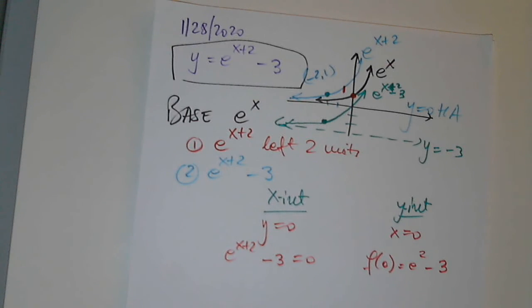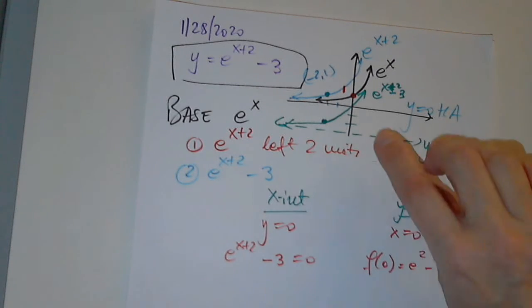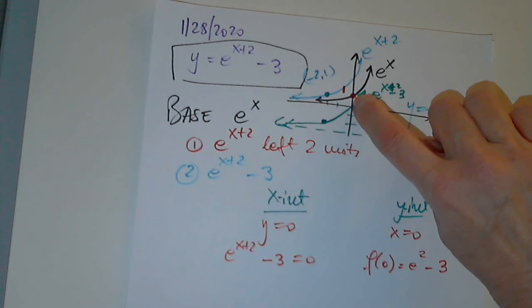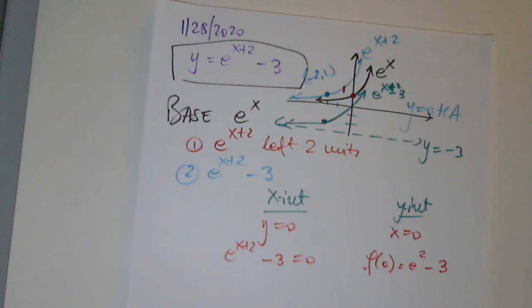So let's start with the easy one. So this is 2.7 squared minus 3. Obviously it's going to be a positive number. So as I was expecting, the y-intercept will be above the x-axis. So let's find that.